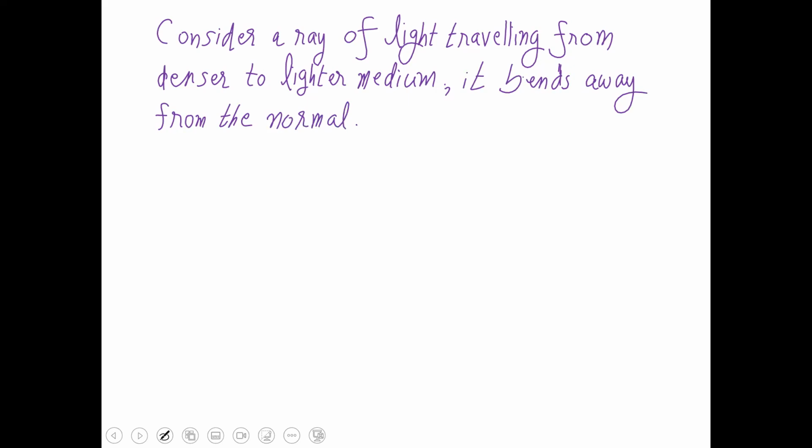When it is bending, when it is moving from denser to lighter, it bends away from the normal. You have to copy this screen.